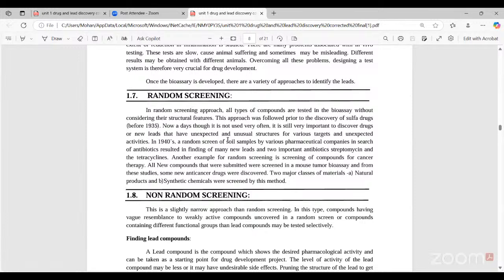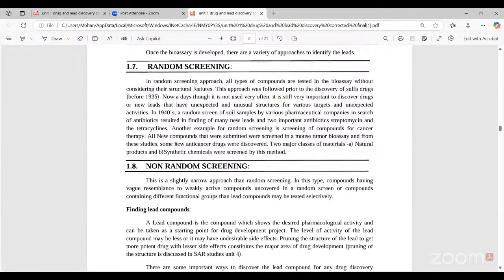All new compounds submitted were screened in a mouse tumor model, and through these studies some new anti-cancer drugs were discovered. Two major classes of materials, natural products and synthetic chemicals, were screened by this method.